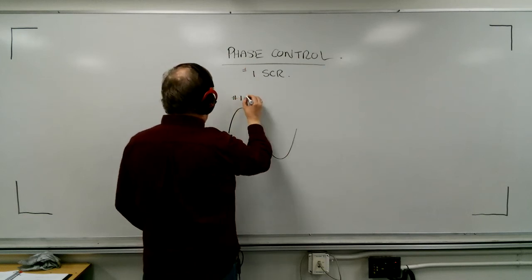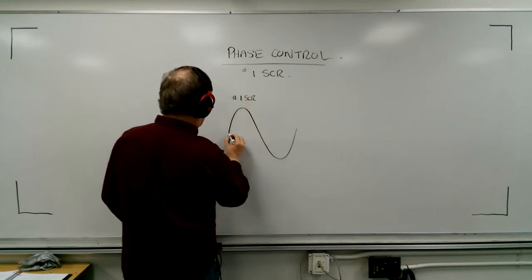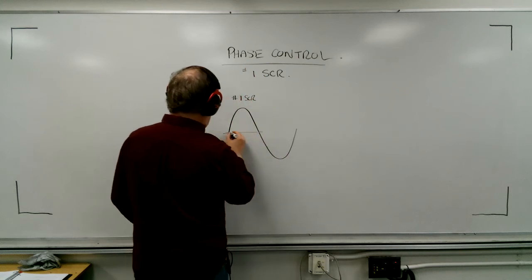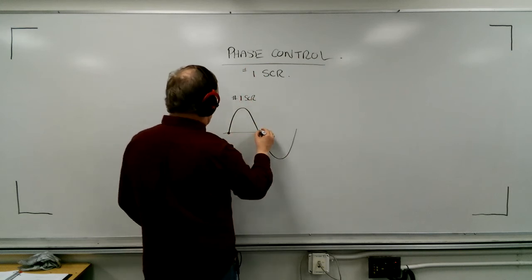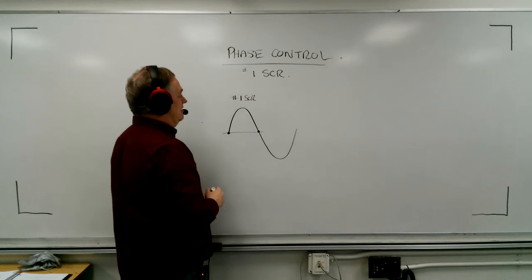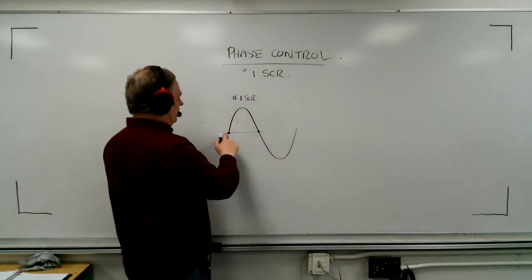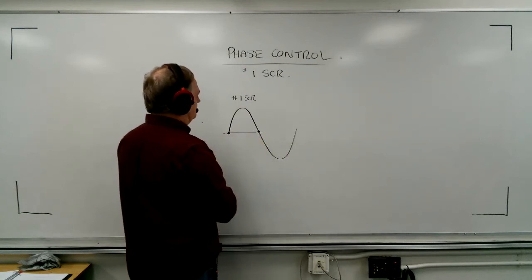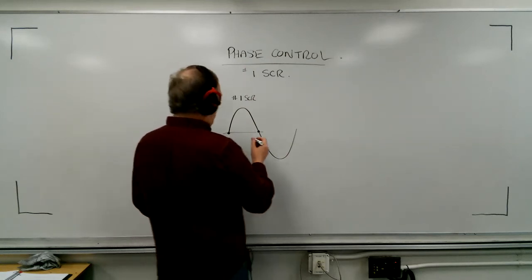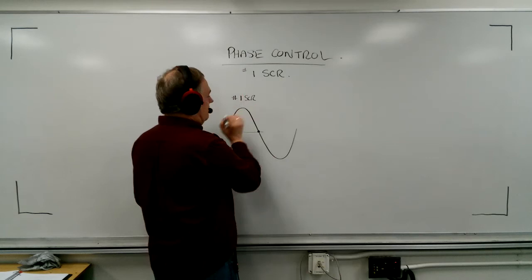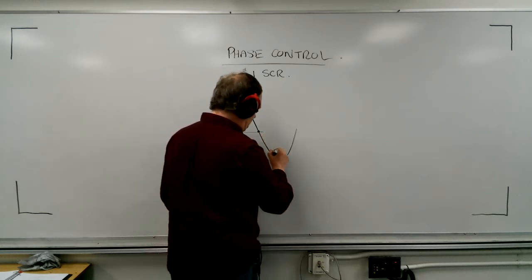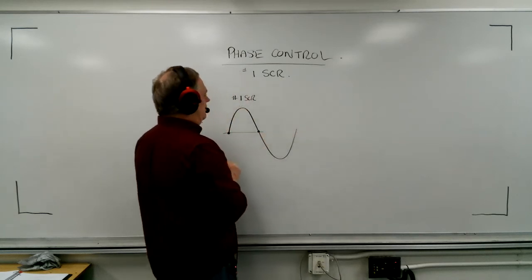Number 1 SCR can literally control, particularly if we were to use an RC trigger circuit, all the way from here to here. And all this SCR ever does is block this alternation.